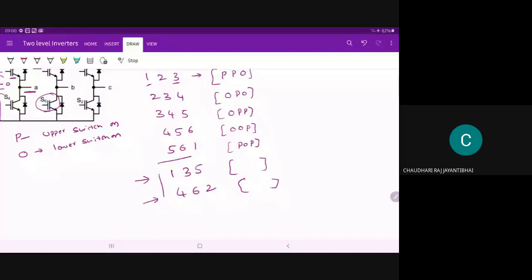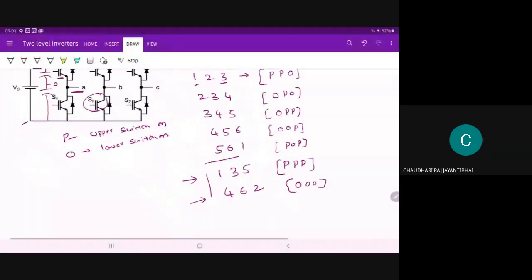PPP and 000. Agree? So this is PPP and this is 000.